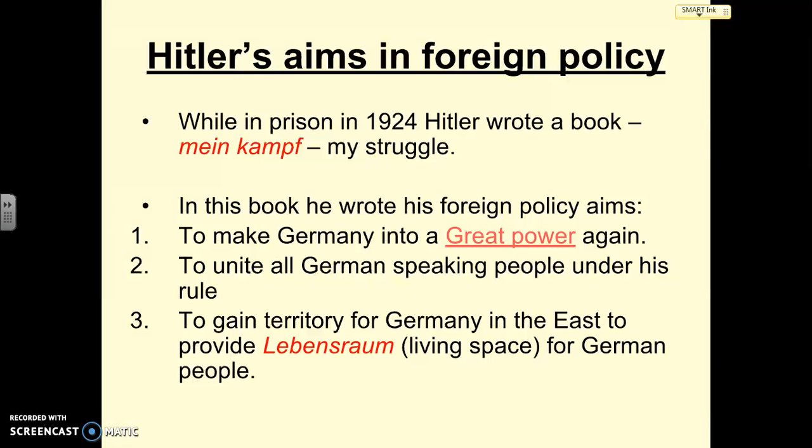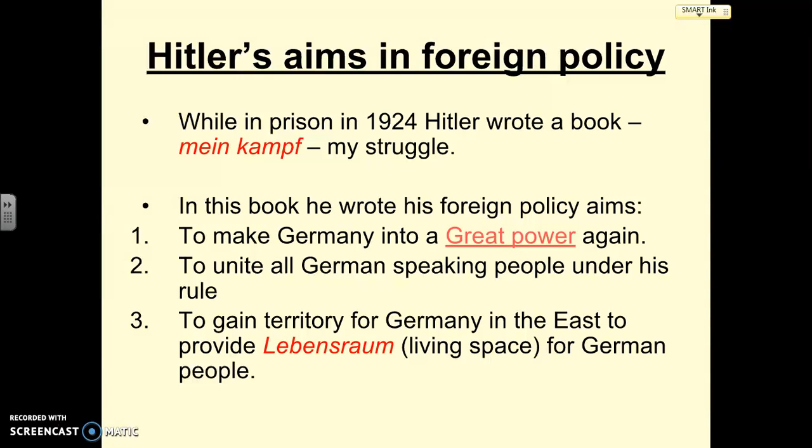So to make them into a great power again, they were certainly a great power in the First World War, but it's not like they had the long-term staying power of a France or of a Britain. And France, remember, is their chief land rival.